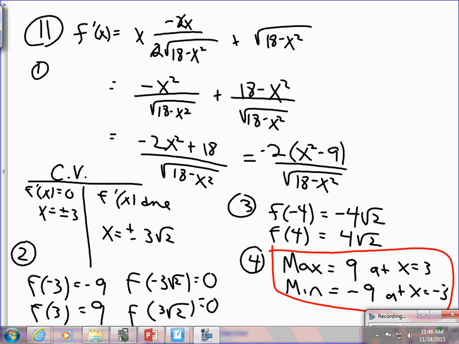So in 11, let's see if you got the derivative right. Did you use the product rule? First times derivative of the second, because it's a product.